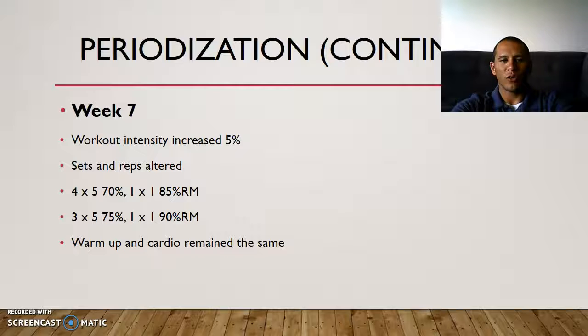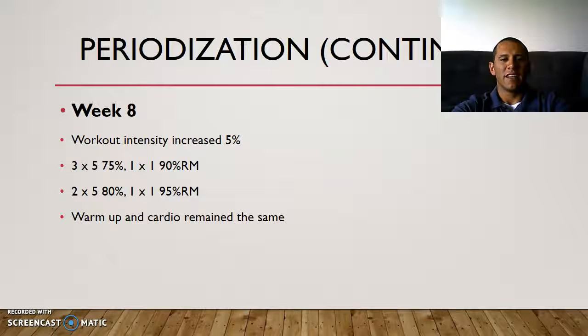Getting close to the end here, week 7, we're going to bump it up 5%, and also the sets and reps were altered. So we went from 4 sets of 5 at 70% and 1 set of 1 at 85% to 3 sets of 5 at 75%, and 1 set of 1 at 90%. Warm-up and cardio remain the same.